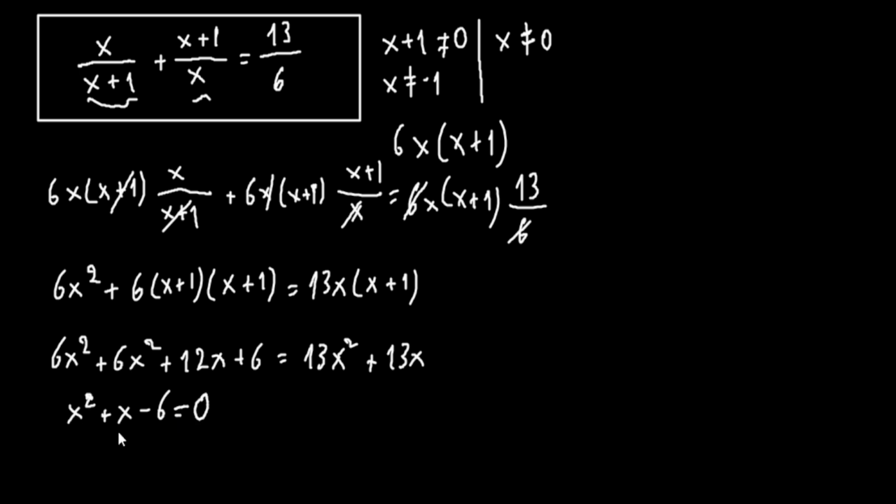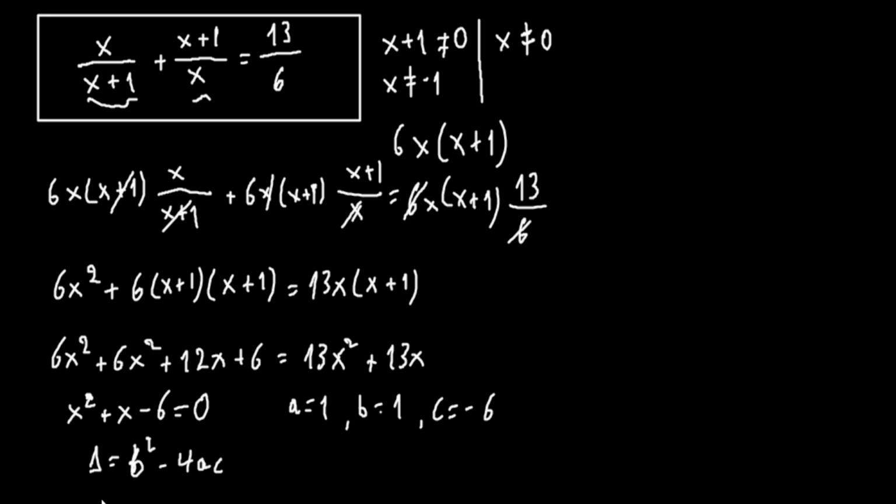This is a quadratic equation, so we must find the discriminant to see if we have real solutions. Discriminant is b squared minus 4 times ac, where here a equals 1, b equals 1, and c equals minus 6.